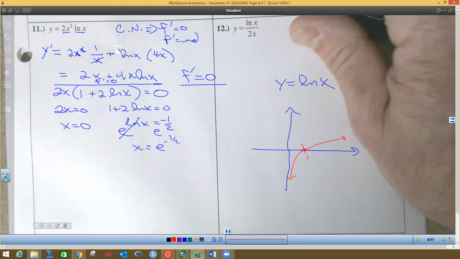So because we have a natural log of x, x must be greater than 0 or you can't get a value. So this is actually not a critical number because x can't be 0. So f prime does not exist at 0 either. Okay, so really this is the only critical number that I need to worry about.